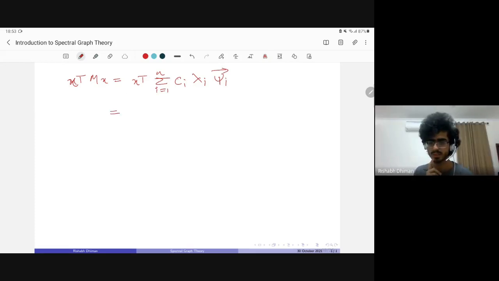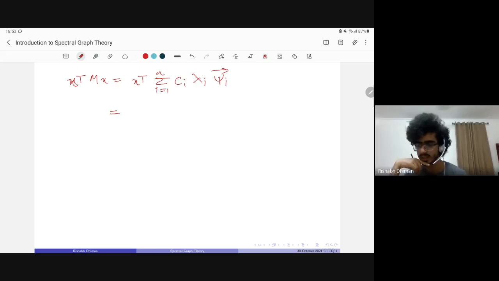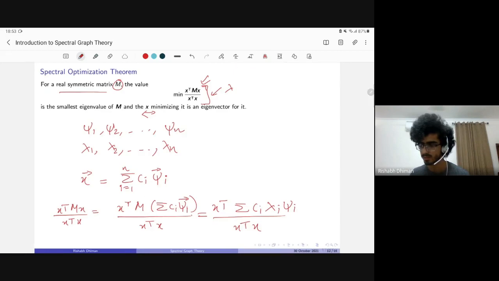The psi_i were the eigenvectors which I talked about, which exist because of the spectral theorem. But right now you are proving the spectral theorem, right? No, this is the spectral optimization theorem. What it does is turn your spectral theorem into a theorem talking about maxes and minimums.